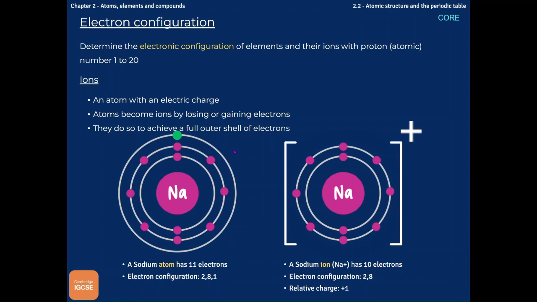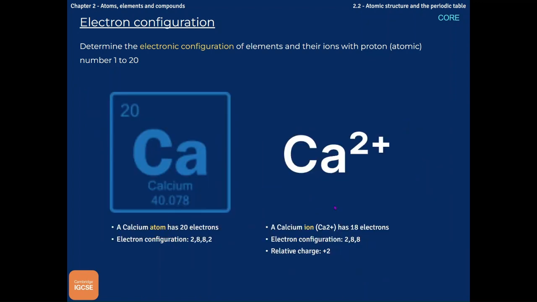If it has 5 or 6 or 7, it will take electrons to fill that up. Because having an outer shell that's full is an energetic low point, low in energy, which is what these atoms want to be in.